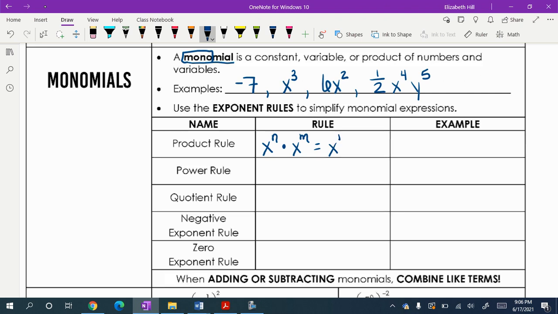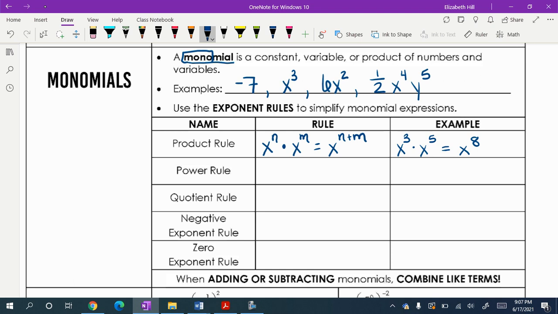So x to the power of n plus m. As an example, say you've got x to the third, multiplying it by x to the fifth, that would give us x to the 8th power. Remember, with exponents here, you are working with repeated multiplication, and when you're multiplying these, you're just multiplying over and over.